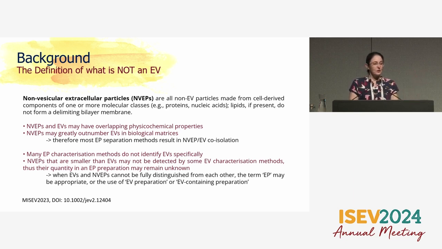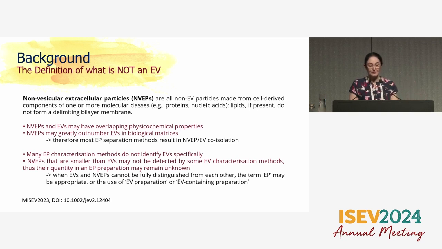This can include exomeres and supermeres, which you may have heard of. We also have lipoproteins and chylomicrons. In different sample types, we see lots of different types of these non-vesicular extracellular particles.